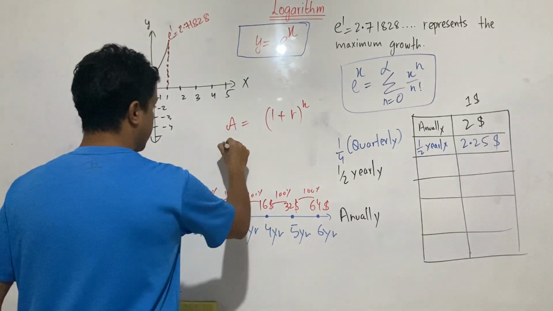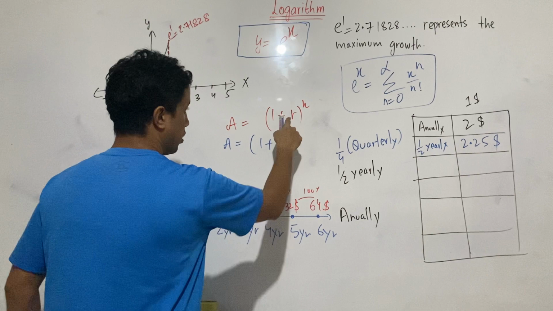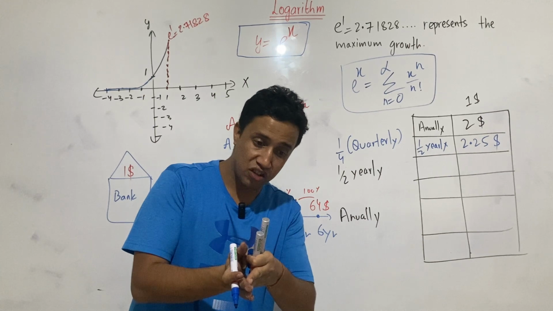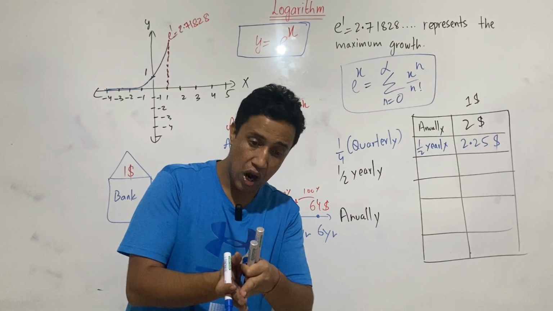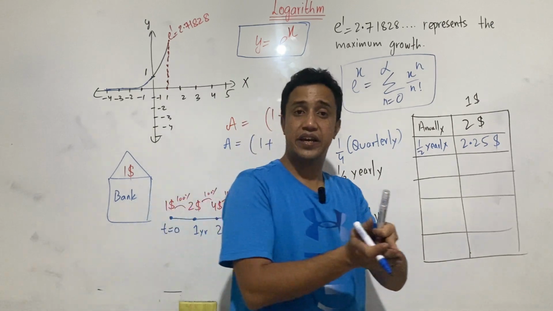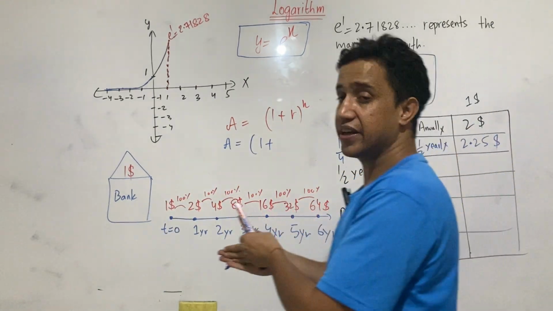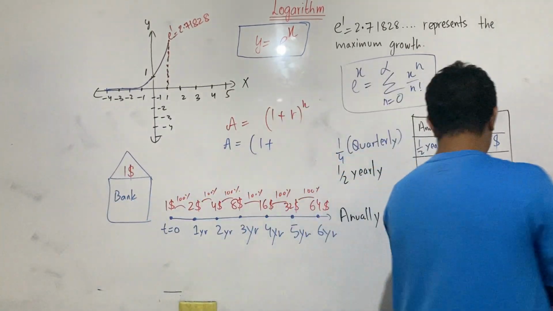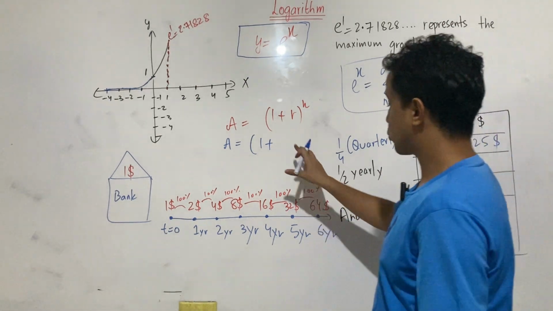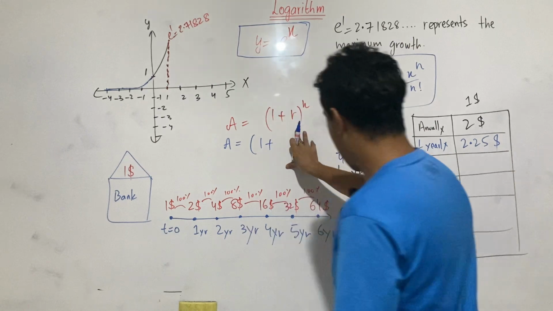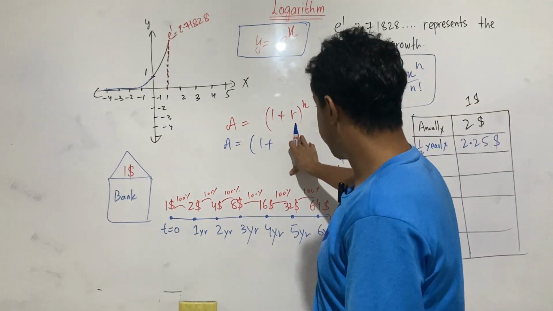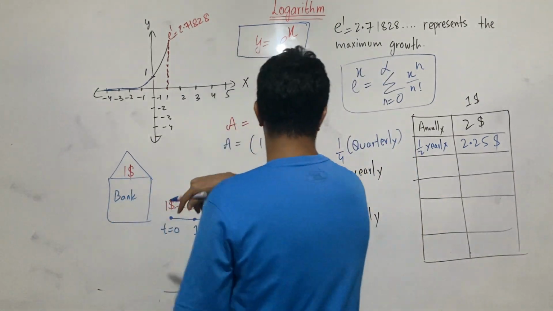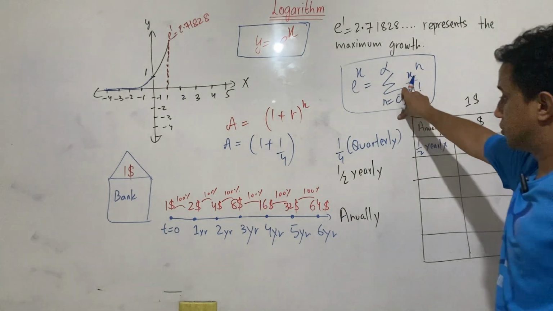Quarterly means they are going to do it after every 3 months. So what would happen? This is a equals 1 plus, and quarterly means after every quarter of the year, so it's going to be 1 by 4, right?